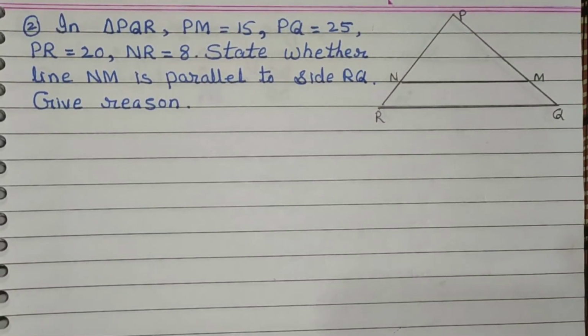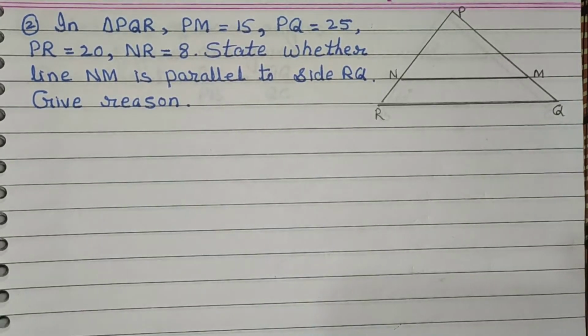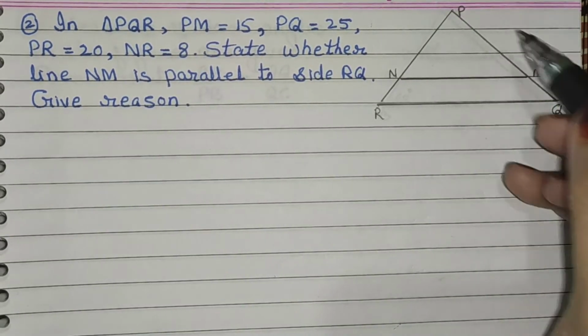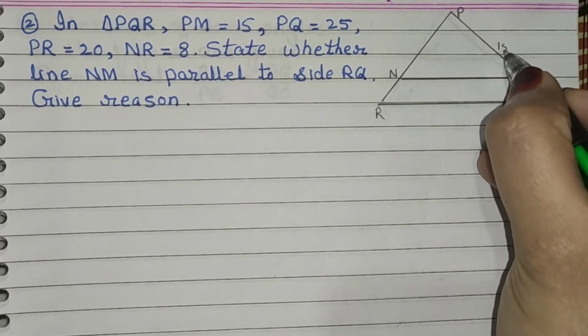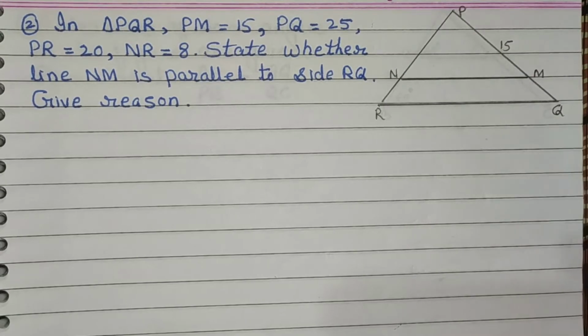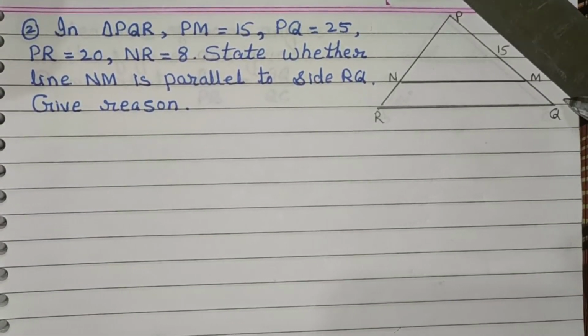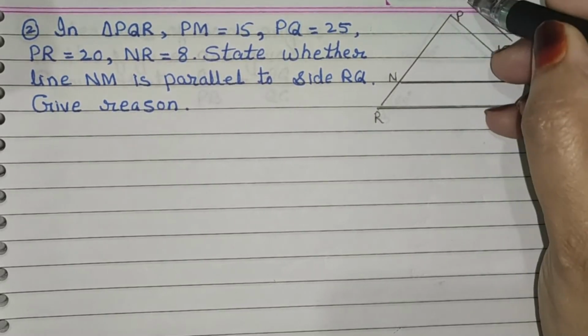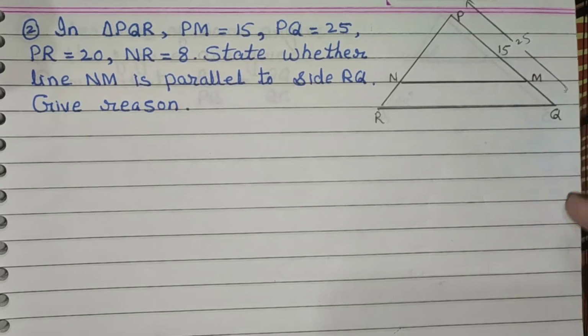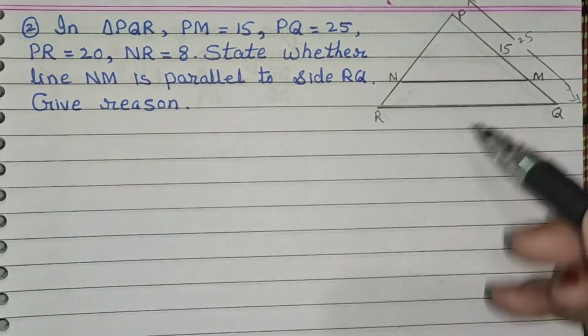Now look at second question. In triangle PQR, PM is equal to 15. It is given, the value of PM is 15. PQ is equal to 25. Now the value of PQ is 25. PR is equal to 20.